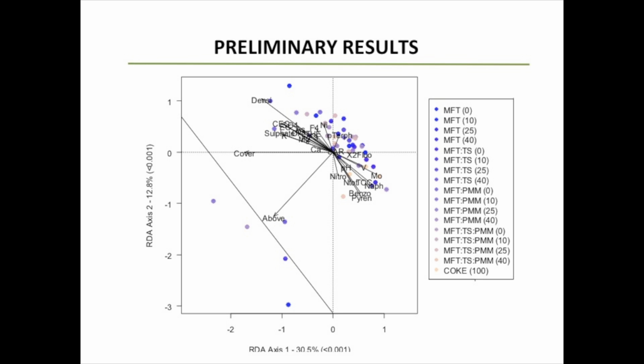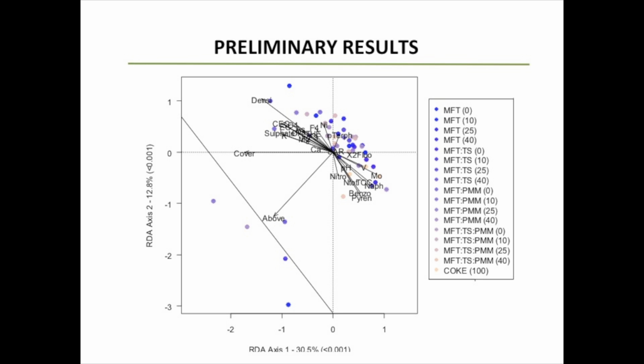So above ground biomass is negatively correlated with mostly hydrocarbon fractions, and density is most negatively correlated with BTEX compounds, and cover is also correlated with heavy metals, in this case like molybdenum and others.